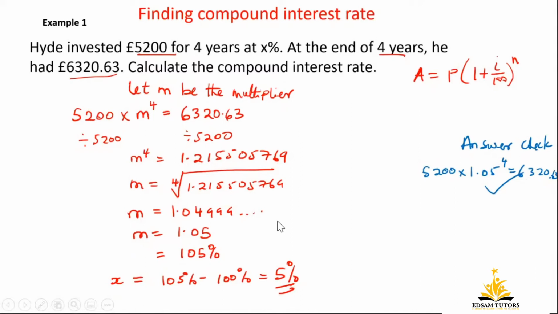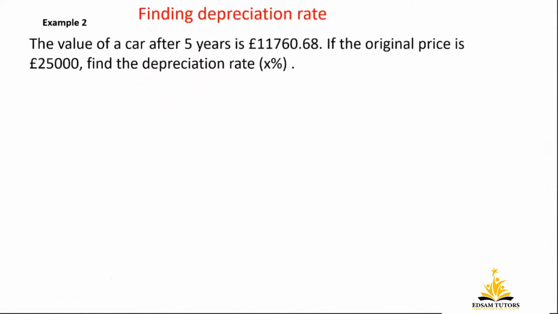Right, the next question I'm going to go through is the depreciation question. So same method. Depreciation, we know that it goes down, so it's a minus there. So I know my multiplier is 1 minus x over 100.